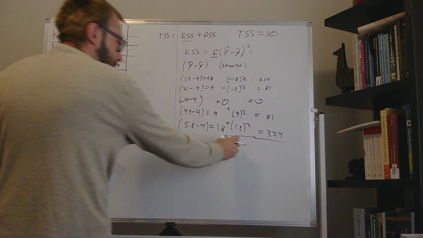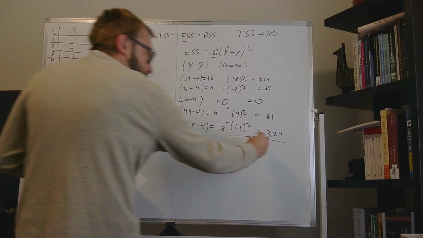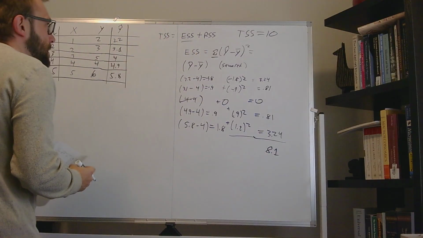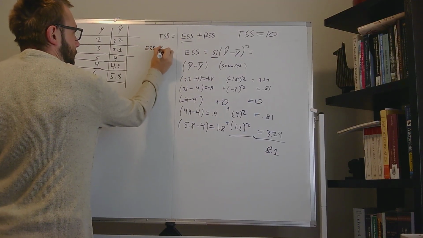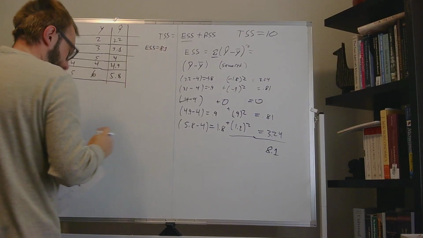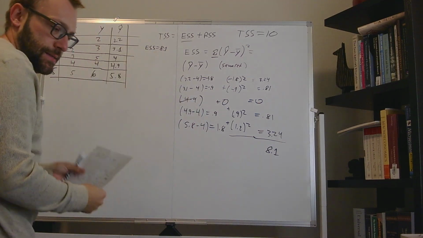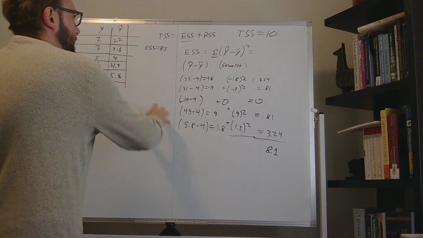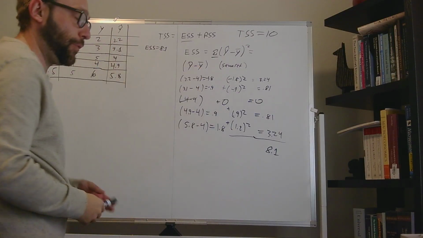As we add them all together, we end up with 8.1. So our ESS, we now know, equals 8.1. That's the sum of all the variation that is explained by the line of best fit that we created.